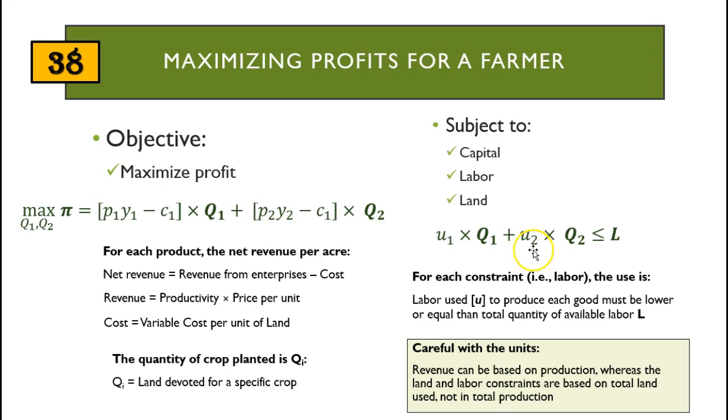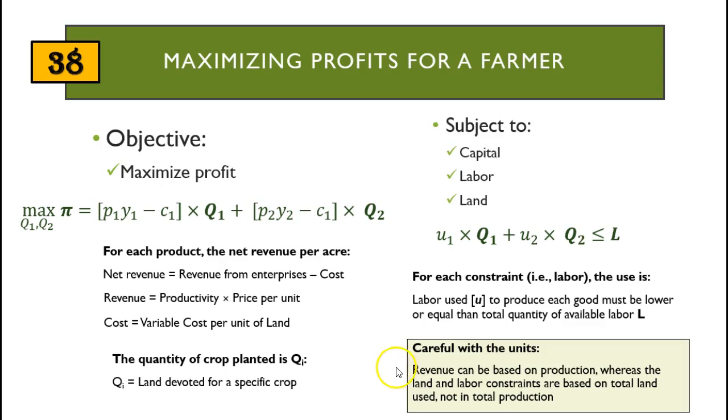U2 will then represent the quantity of labor in hours needed to plant 1 acre of soybeans. L will be then the total amount of labor that is available.